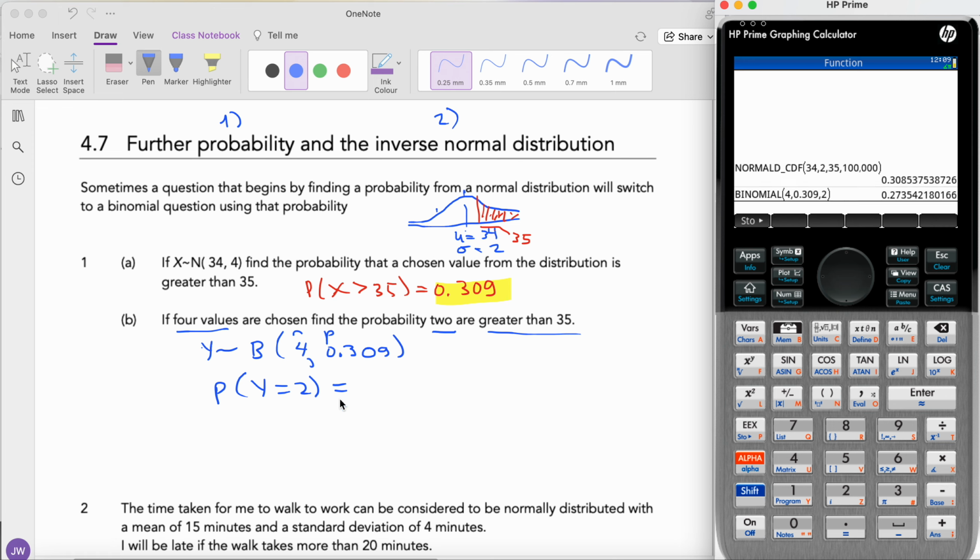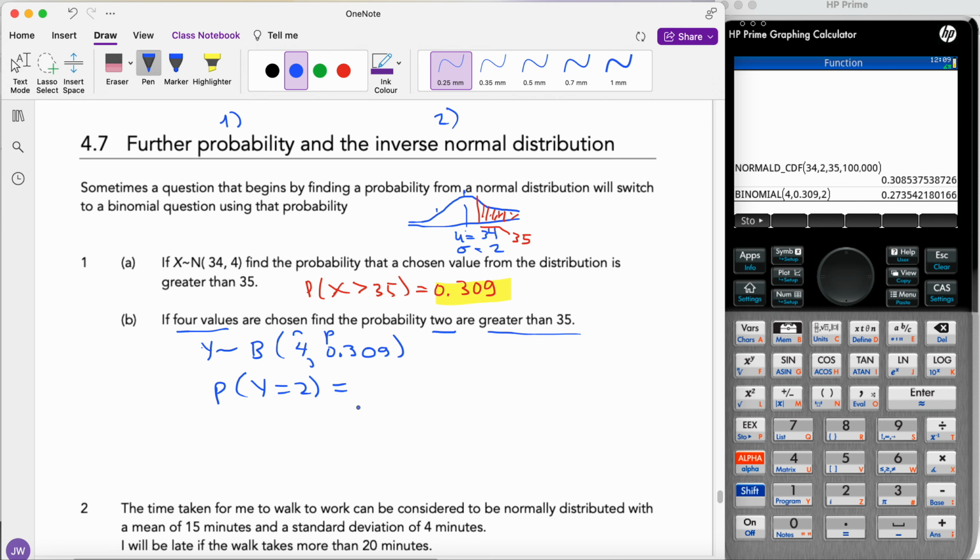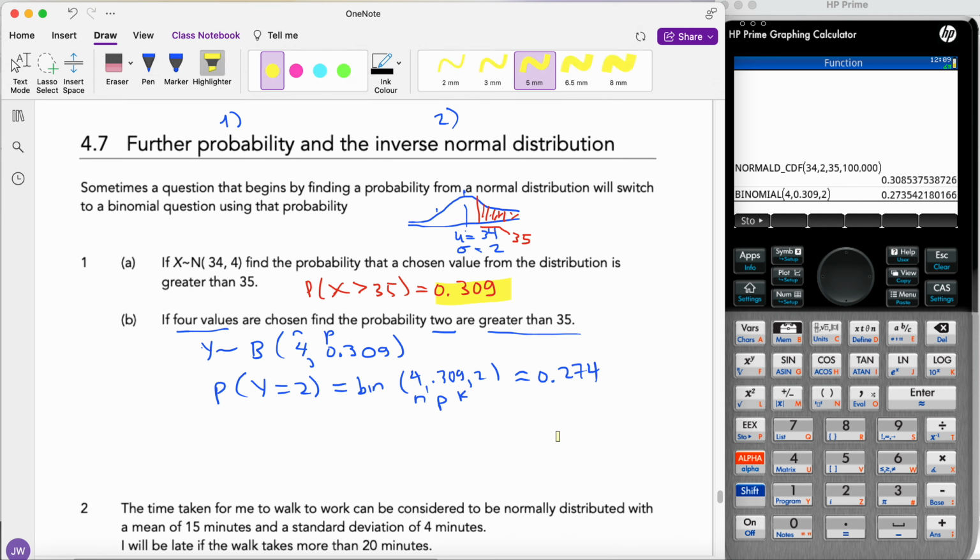So this is always NPK, binomial NPK. And you want exactly 2 successes, and there you are. Okay, so always watch out for that. You will notice that the number of values that you've picked is also discrete, so it's independent. You're picking a value, and either you succeed or fail, and so this is a typical binomial situation.